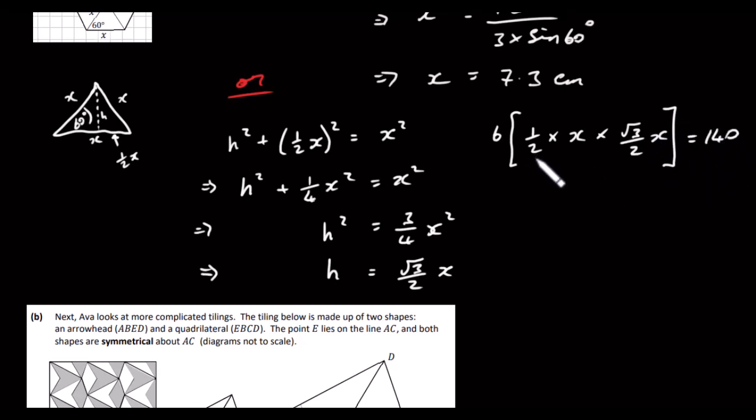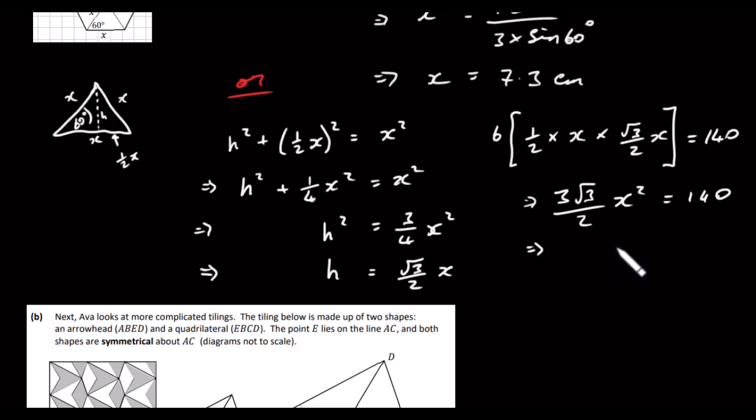So you've got the same kind of thing here. Half of 6 is 3, so we've got 3 times x is x squared, and then 3 root 3 over 2 x squared is equal to 140. You can multiply across by 2 and divide by 3 root 3.